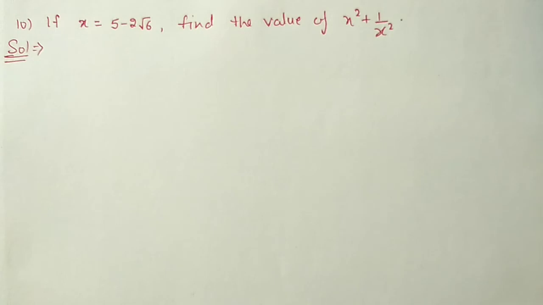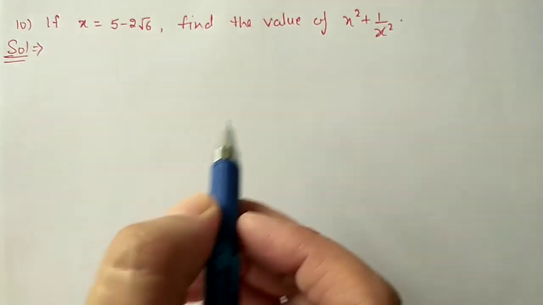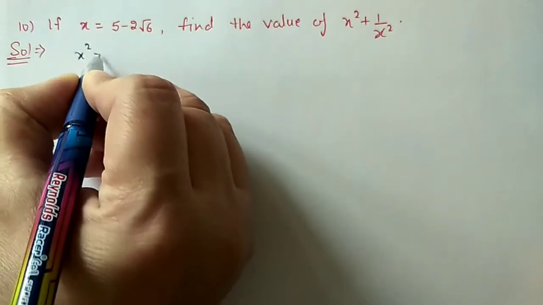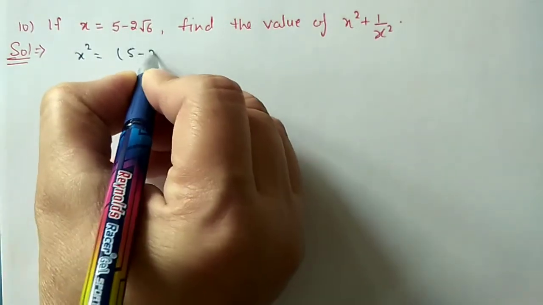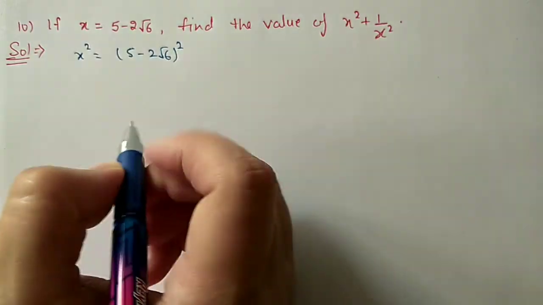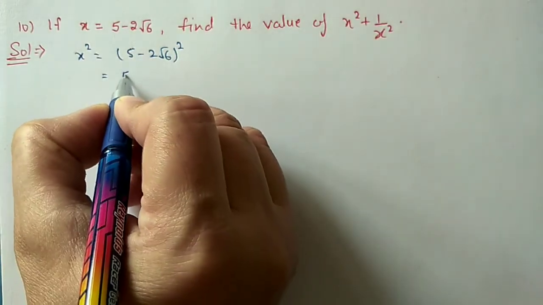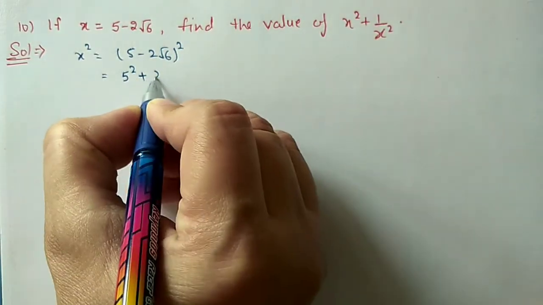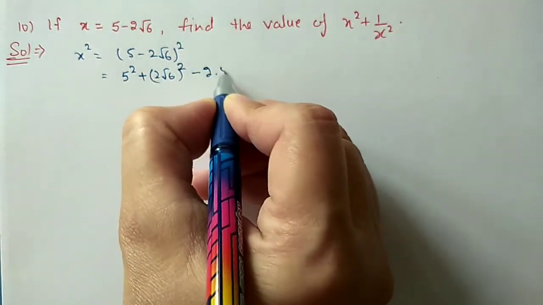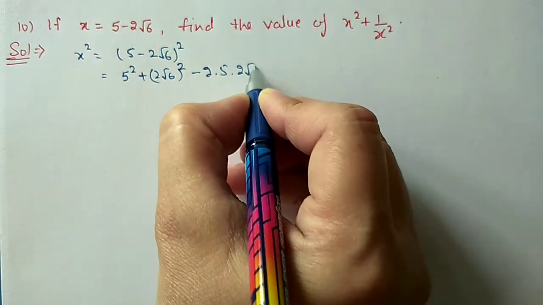Next, question number 10. If x is equal to 5 minus 2 root 6, find the value of x square plus 1 by x square. So first we will find out the value of x square, means 5 minus 2 root 6 whole square. We can use here the a minus b whole square formula, which is equal to a square plus b square minus 2ab.